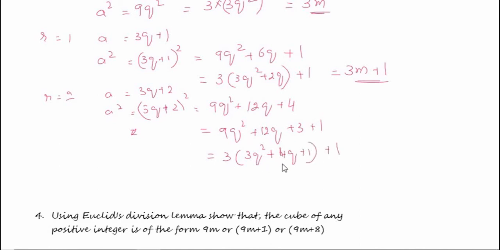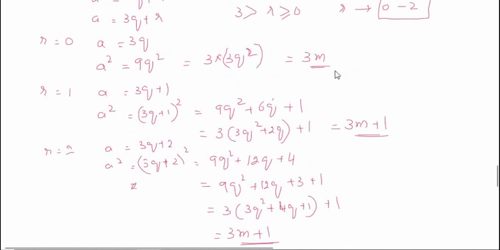So now 3q square plus 4q is also an integer. Let that be m. So it is 3m plus 1. Hence, square of any integer is of the form either 3m or 3m plus 1.